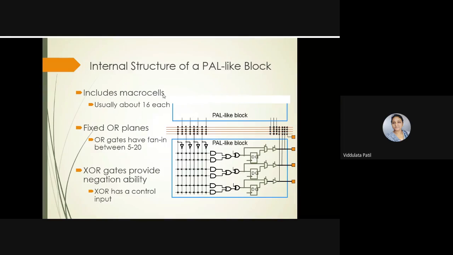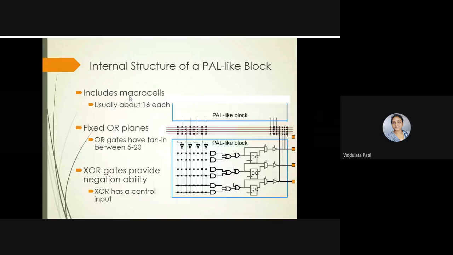If we look at the internal structure of this PLD, that is a PAL-like block, it includes macro cells, and usually these are about 16 each. Okay, so in each PLD there are a minimum of 16 macro cells available. Then there are fixed OR planes, and these are OR gates having a fan-in, that means the number of inputs, between 5 to 20.